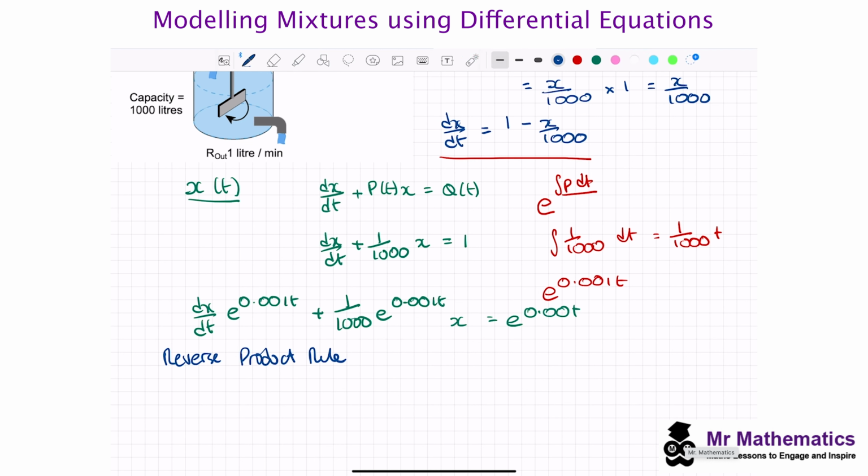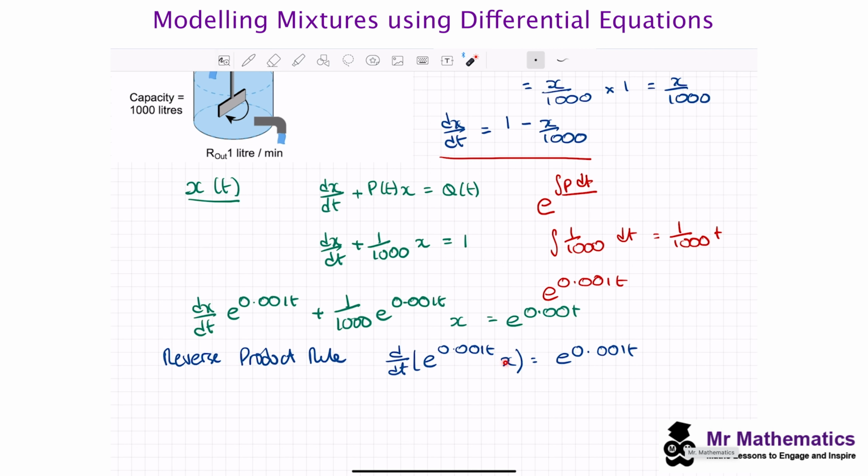So now we can simplify the left-hand side as d by dt of e to the 0.001t multiplied by x is equal to e to the 0.001t. So this is exactly what we have here, just with this left-hand side simplified using the product rule of differentiation.